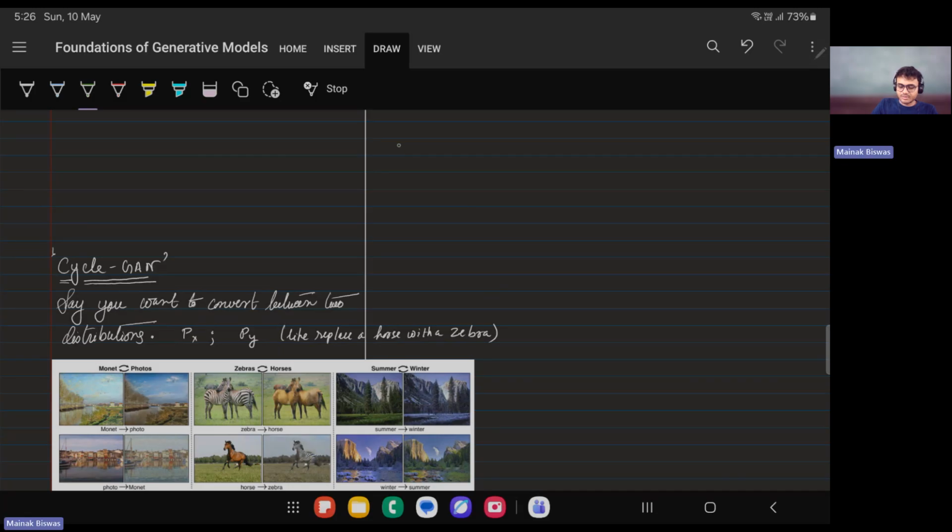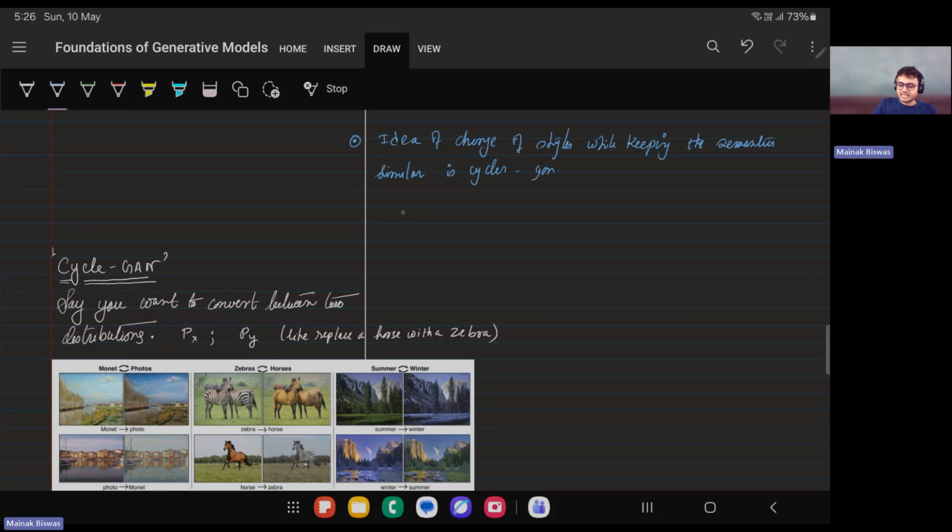This idea of change of styles, while keeping the semantics similar, is CycleGAN.